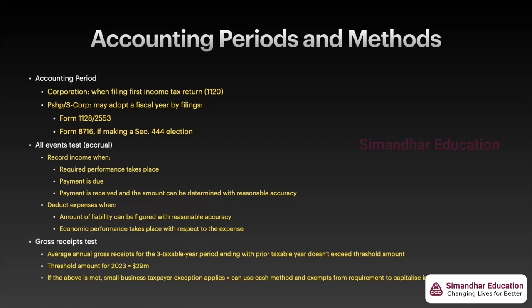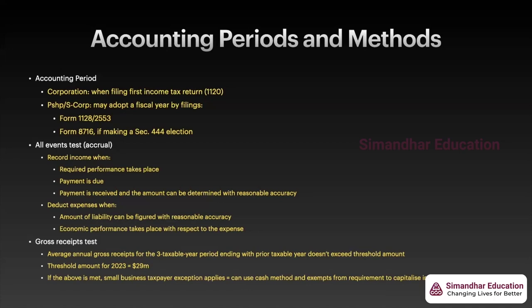Basically, if your average annual gross receipts for the last 3 taxable periods don't exceed 29 million for tax year 23, then the gross receipts test is met. And this gives you a benefit as a small business taxpayer, right? So if you are a small business taxpayer and you meet the gross receipts test, then you can use the cash method of accounting.